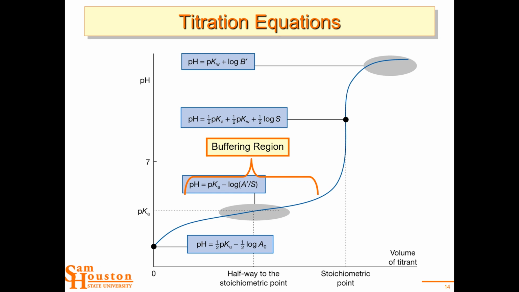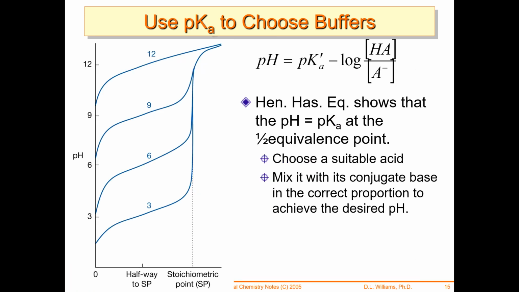Notice right here we're adding a whole bunch of base or acid, depending, and the pH isn't changing very much. It's a very shallow slope there, and that's what we're talking about with buffering. It can handle swings in acid and base without changing the pH much.